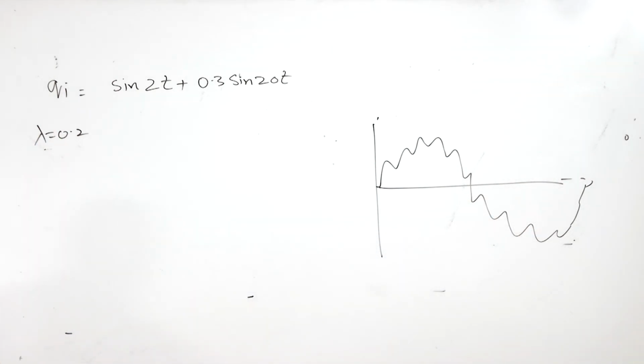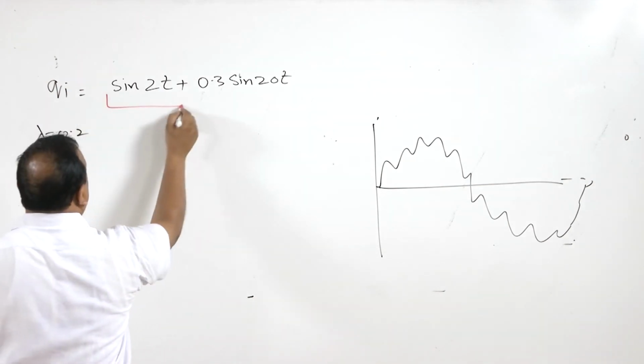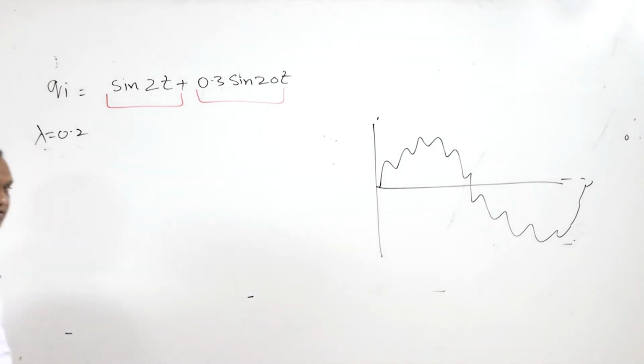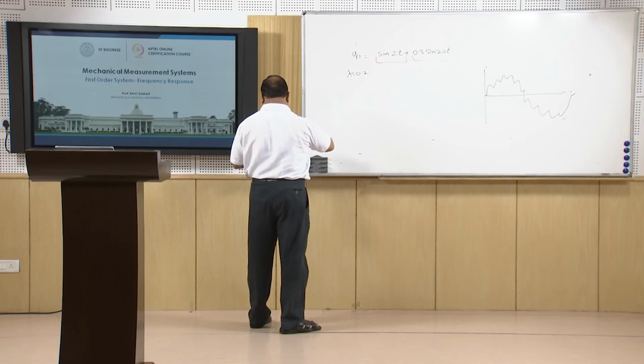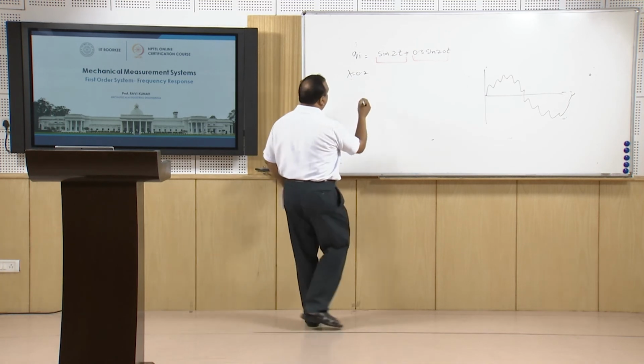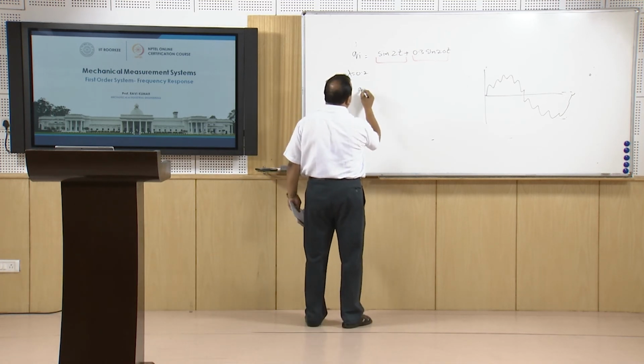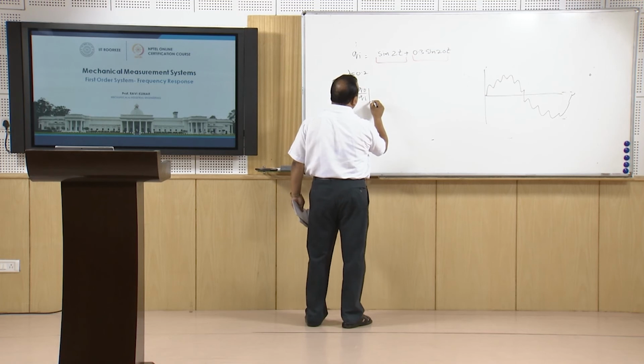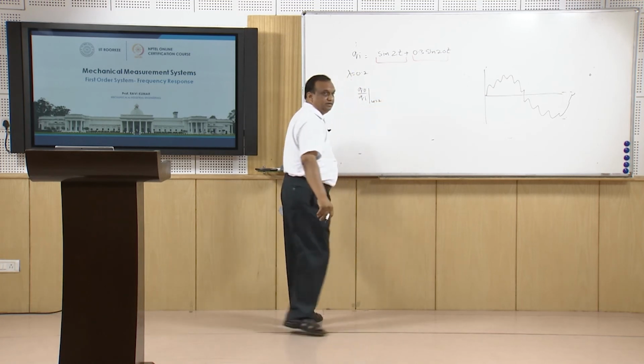Now, we will deal with each part of this problem as an individual problem. For the first one, let us take QO by QI with omega equal to 2.